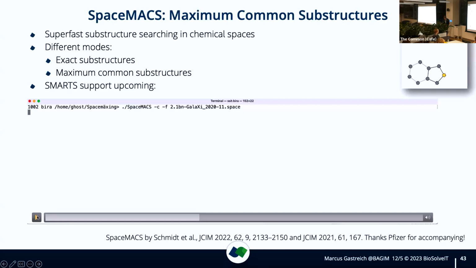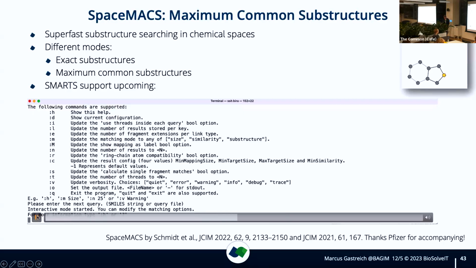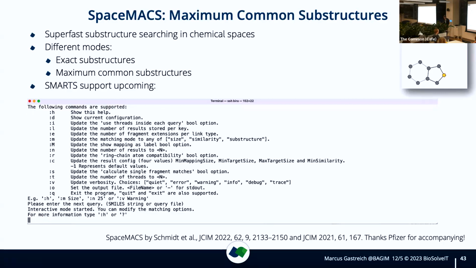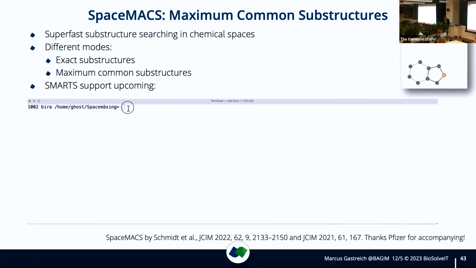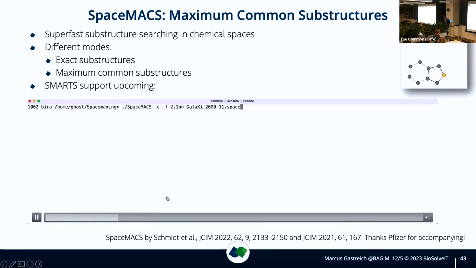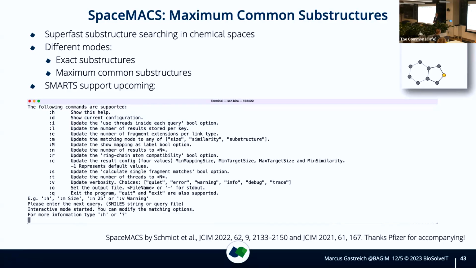And then when you hit return, it will first read in the space, so process this. And then you can give it a query. And this query would then essentially be some sort of SMILES, or you can feed an SD file, etc., or a list of SD files, SMILES files. And then, shoot, I started it anew, but never mind. It's just running a few seconds. And then it processes this within milliseconds, really.